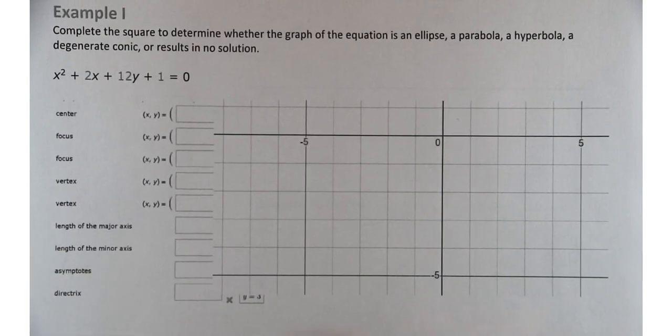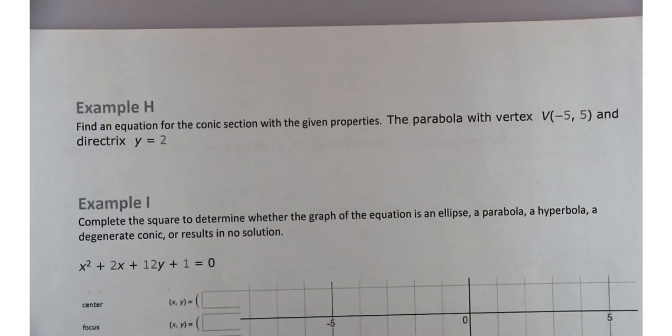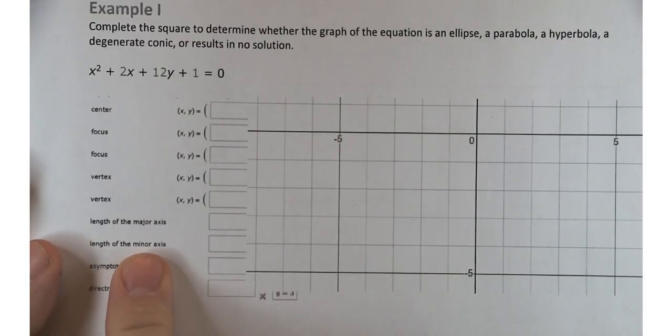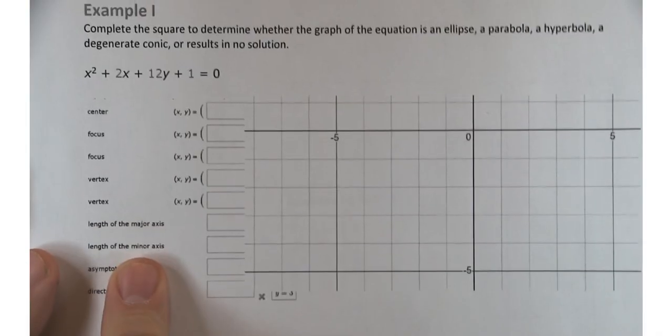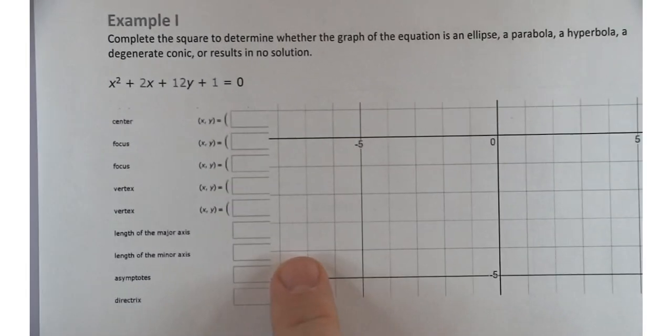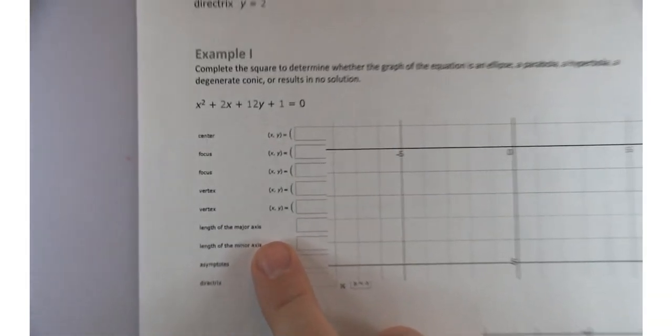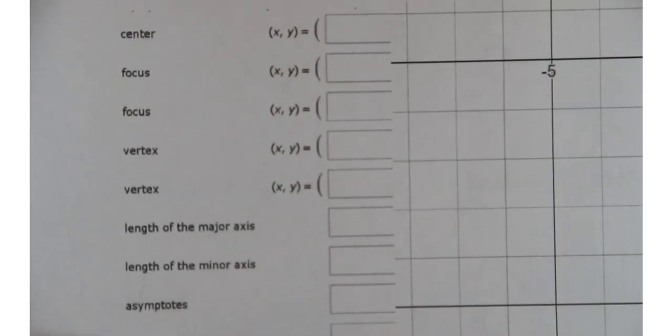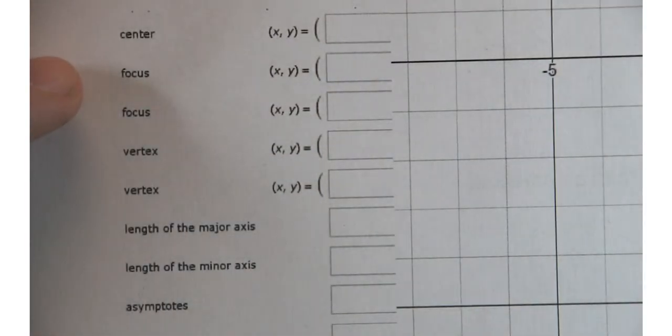Wanted us to skip I. Oh, that's I. Yeah. All right, let me make a remark here about what you might see on WebAssign. This is generic stuff that will fit any conic: a center, a focus, vertex, vertex. You're not always going to have two vertices if you're dealing with a parabola.